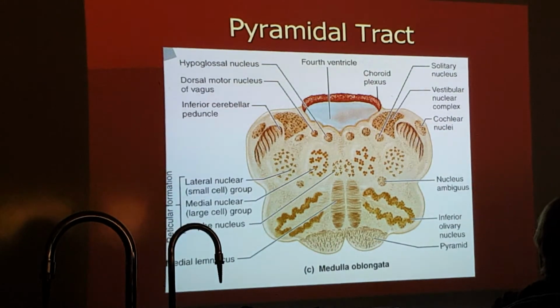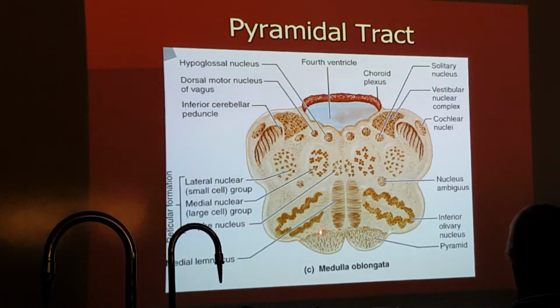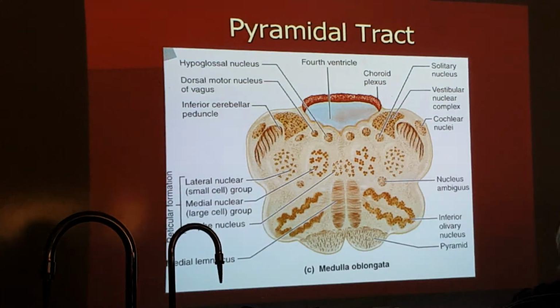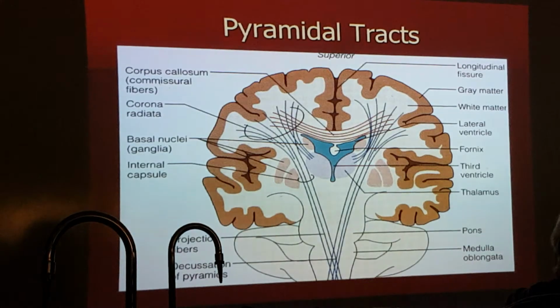Okay, slice through the medulla oblongata, and we see these big bundles of motor fibers on the anterior aspect called the pyramidal tracts. And there's fourth ventricle. So here we see those motor tracts coming out of the cerebrum.